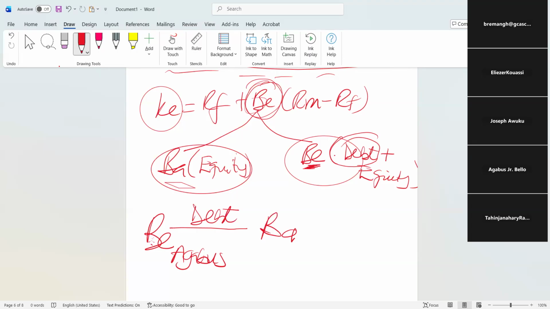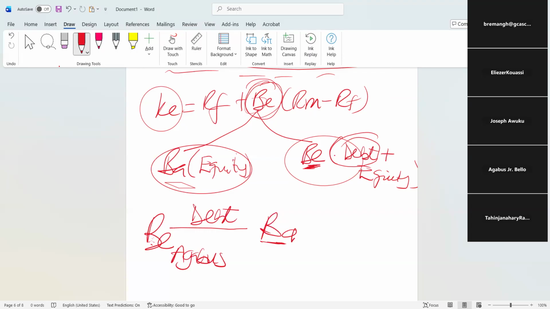So now that I'm left with asset beta, this asset beta is the same for every entity in the industry. That means the asset beta that I've gotten for Agabus is going to be equal to the asset beta for Eliezer. But the equity betas are different.